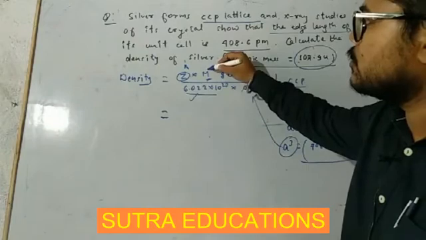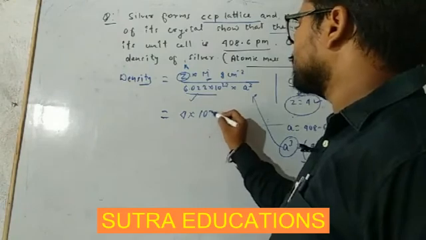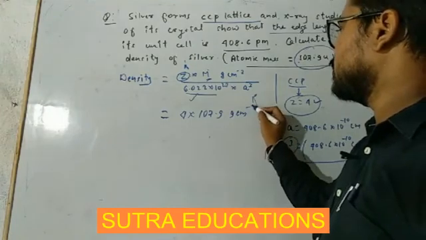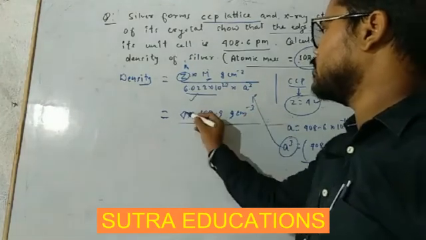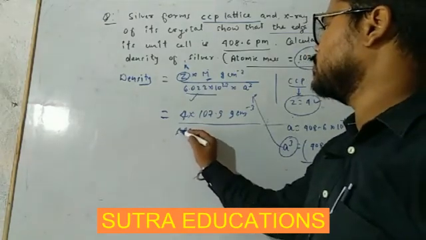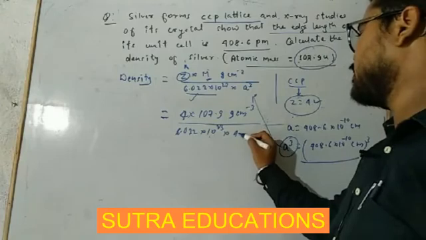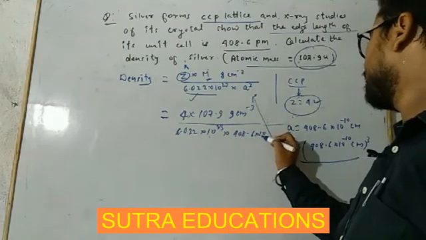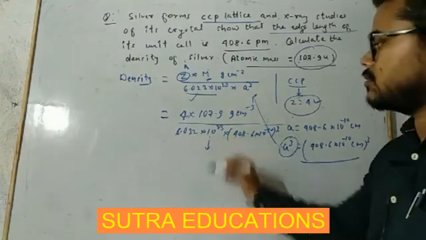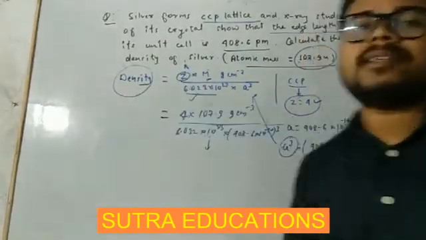So write here 4 into 107.9 gram per centimeter cube upon 6.022 into 10 to the power 23 into a cube, means 408.6 into 10 to the power minus 10 whole cube. Okay, just try to solve this and you will get density of the unit cell.